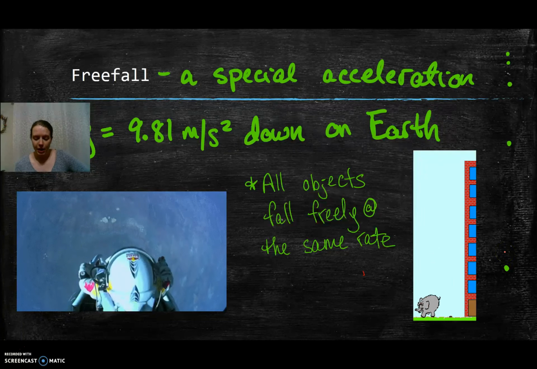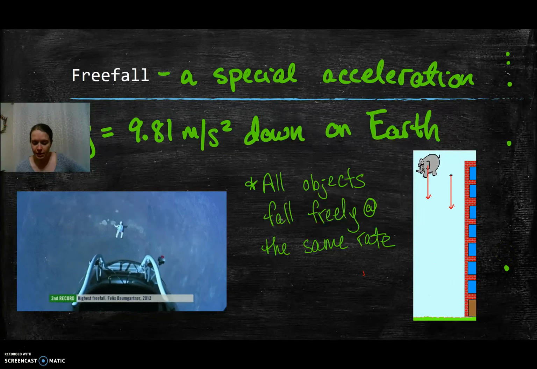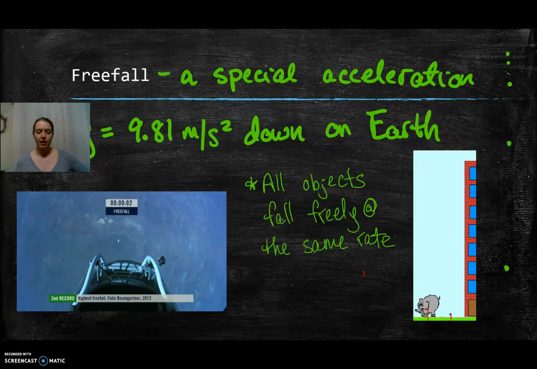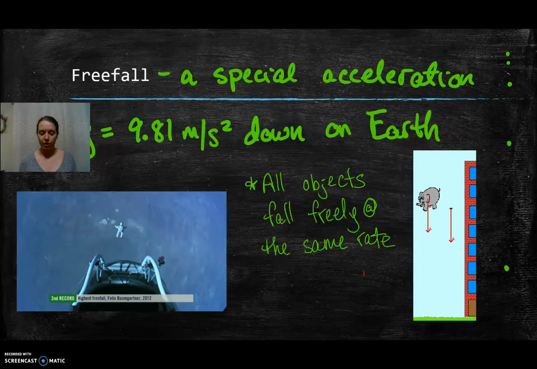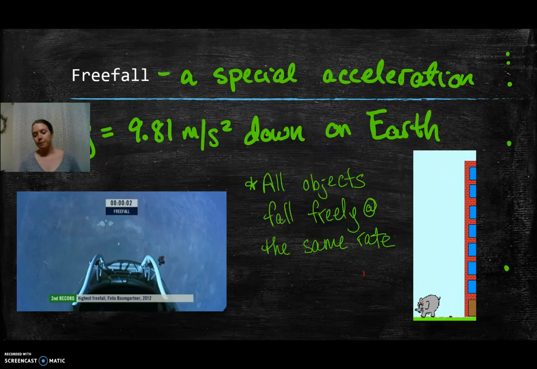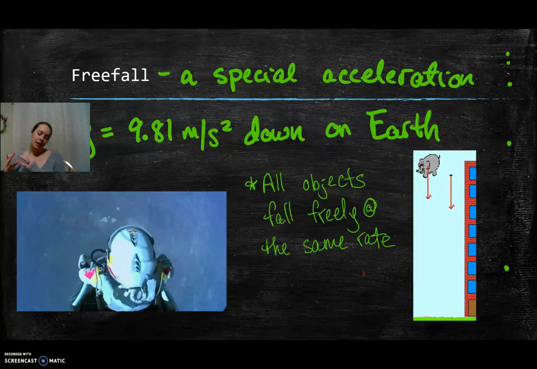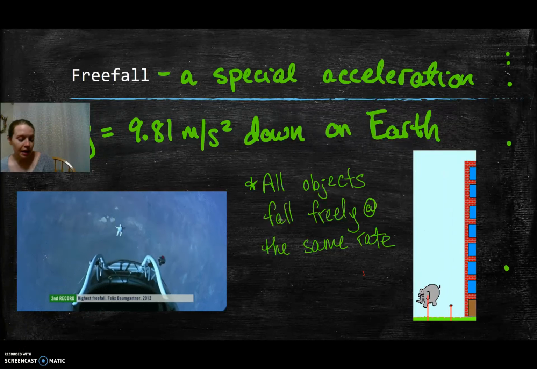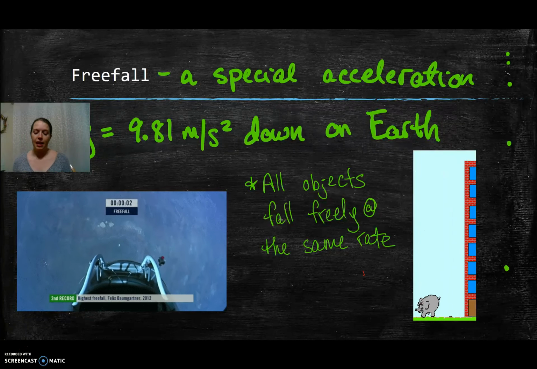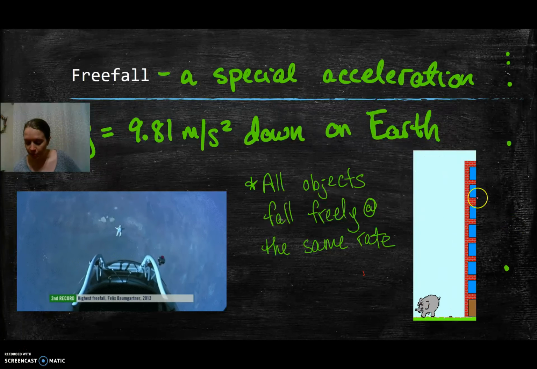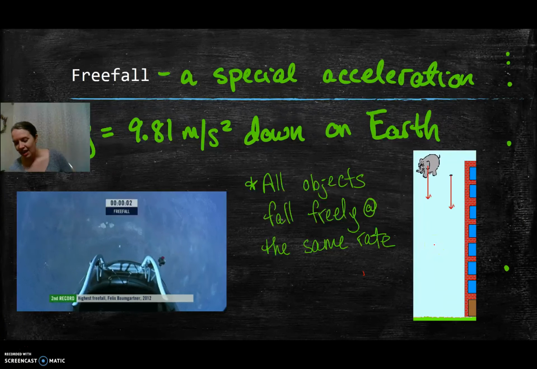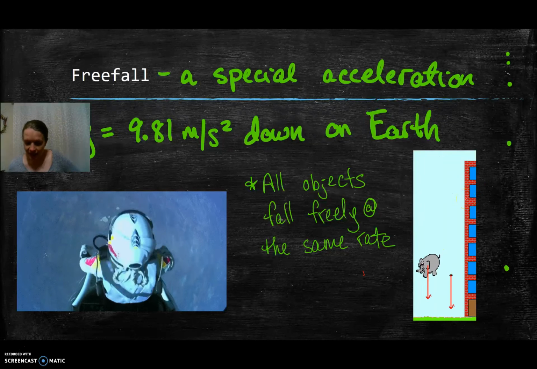Now, some fun things about free fall. Free fall is a special type of acceleration that is only dependent on the gravitational attraction of the Earth and is ignoring air resistance and other things that really would probably affect the fall of, for example, in this GIF, an elephant and a bullet, it looks like.